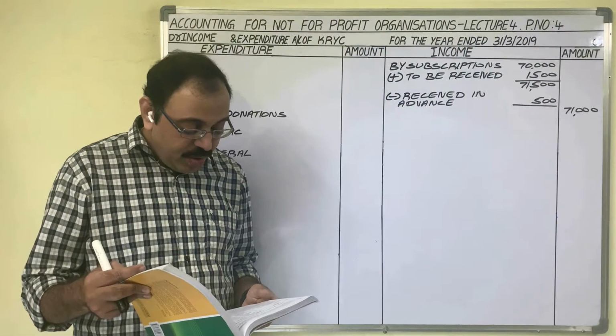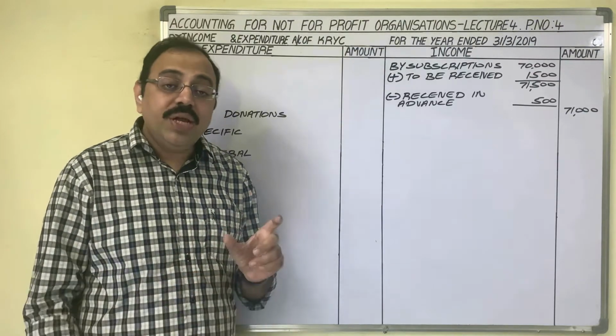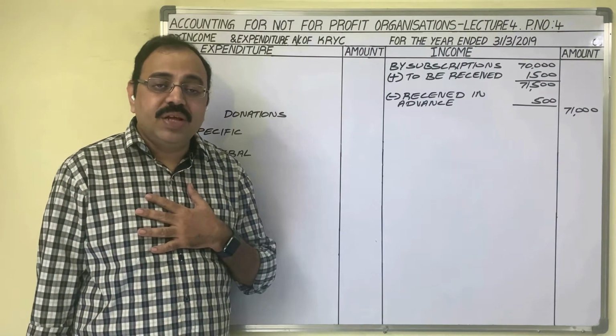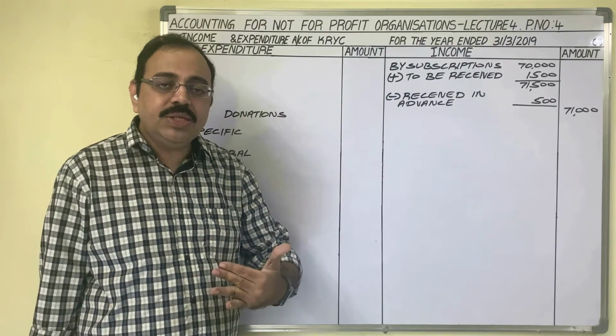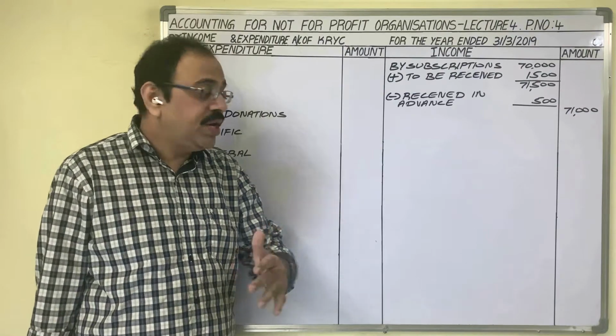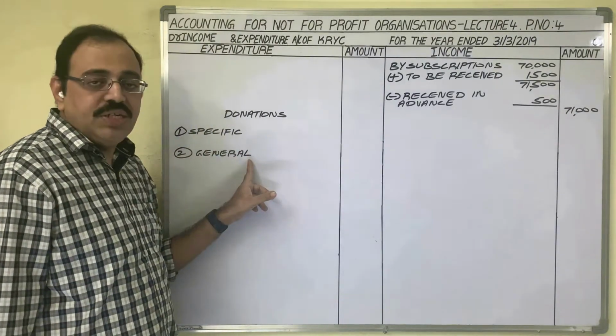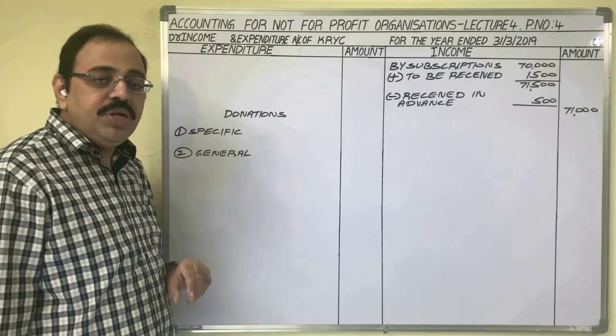Next one. Donations received for mineral water 80,000 rupees. Donation means gift received by our members or from general public. So this donation is divided into two types. Specific donation, general donation. Specific donation means what?